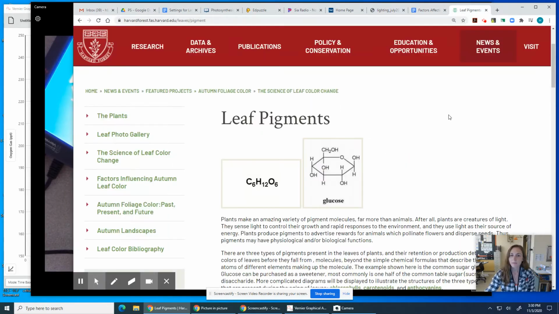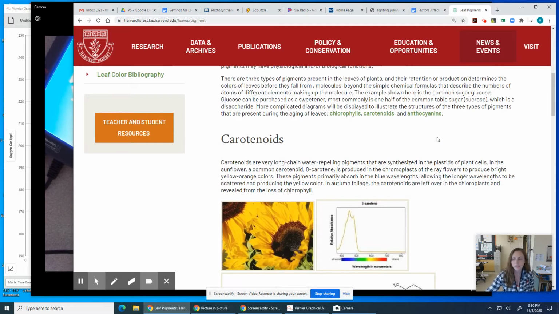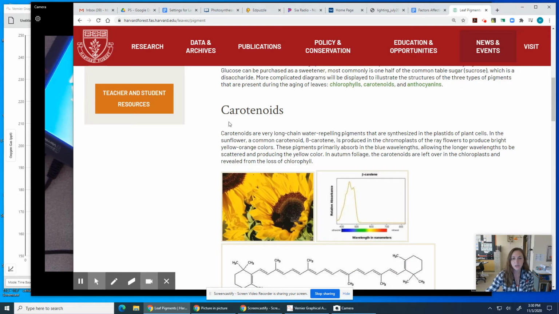So pigments. There are three types of pigments that you will find in plant leaves. This first one is called carotenoids, and these are long-chain, water-repelling pigments, and they're found in the plastids of plant cells, which I know that probably means nothing to you.